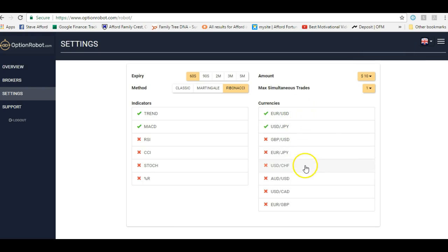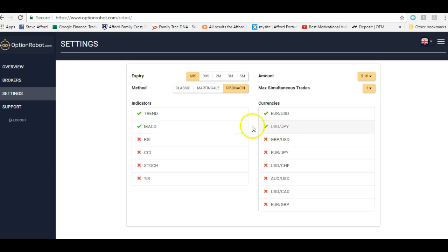The reason is so the software can concentrate only on the particular settings you have set up. That's the currency pair Euro USD, which is a common one and very volatile, and this is my recommendation, USD JPY.